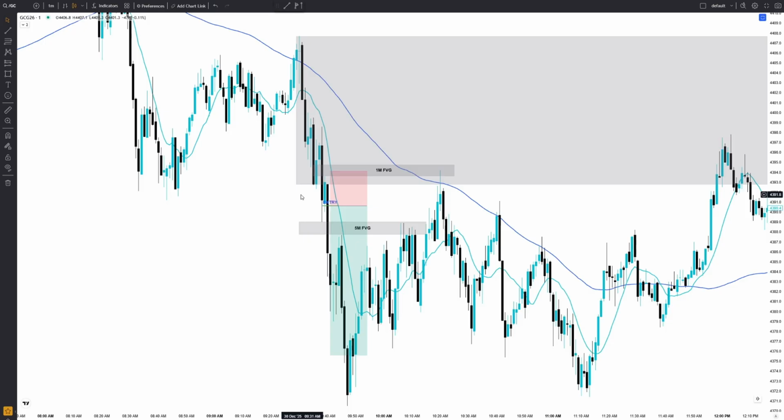After you see your 1 minute fair value gap, please, I repeat, look at the 5 minute and see if a 5 minute fair value gap is being formed. That is the way to avoid the 1 minute fair value gap fake outs. Because again, the higher time frame fair value gaps hold more weight than the 1 minute.